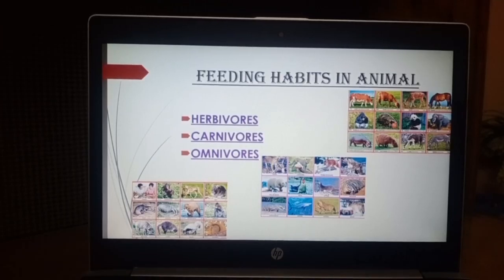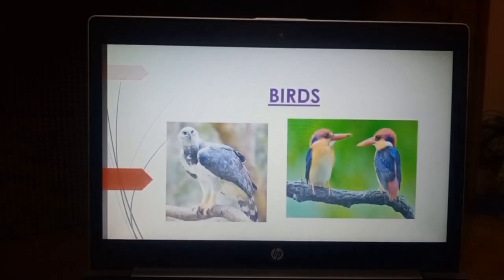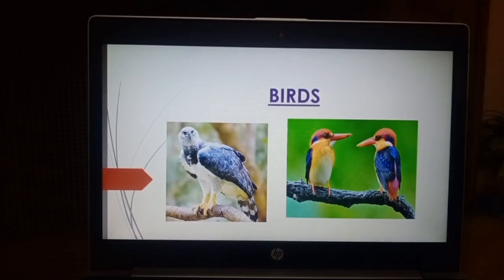Let's take a look at some next examples. Yes, the beautiful birds that are present around us. Birds have long beaks, as you can see in this picture.